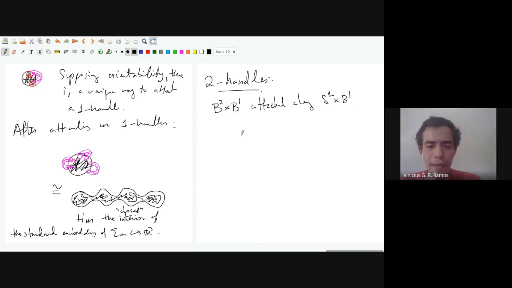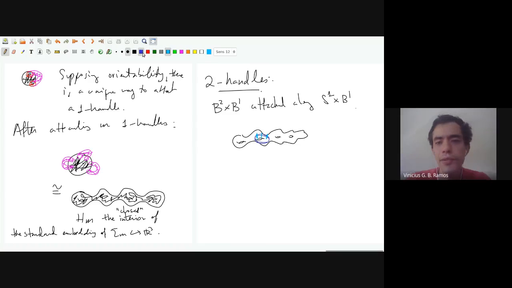So now I look at my genus M surface, and I have to find a circle inside of it. Once I find a circle inside of it, I have to thicken it, and there's a unique way to do that to keep the orientability. And then I just glue this two handle.